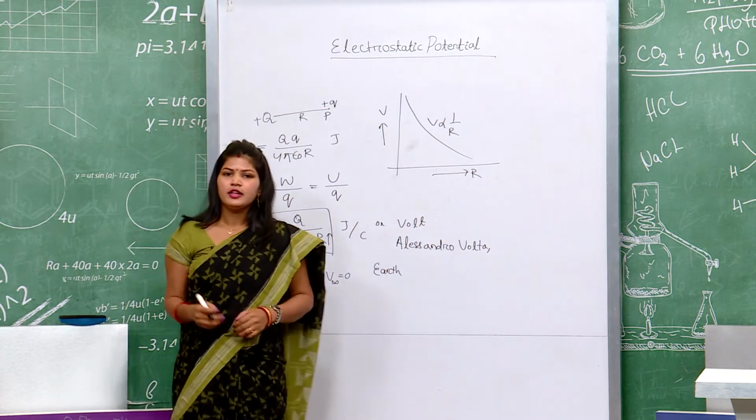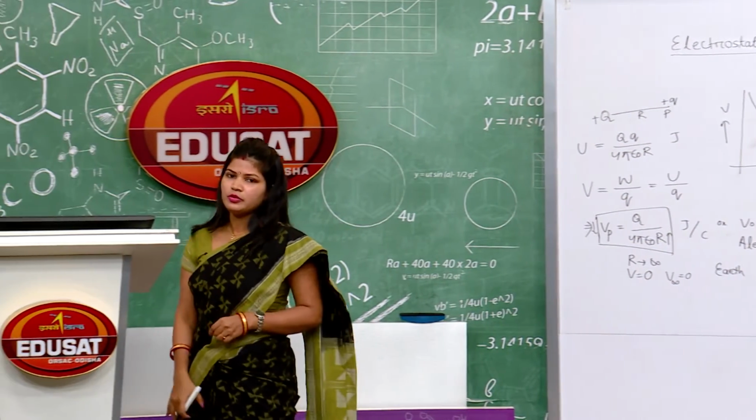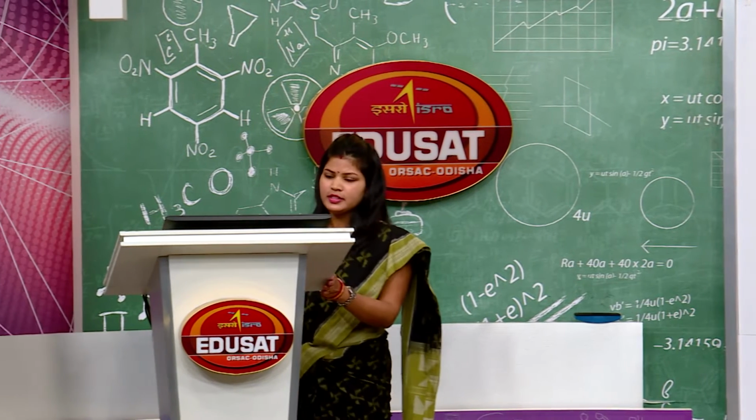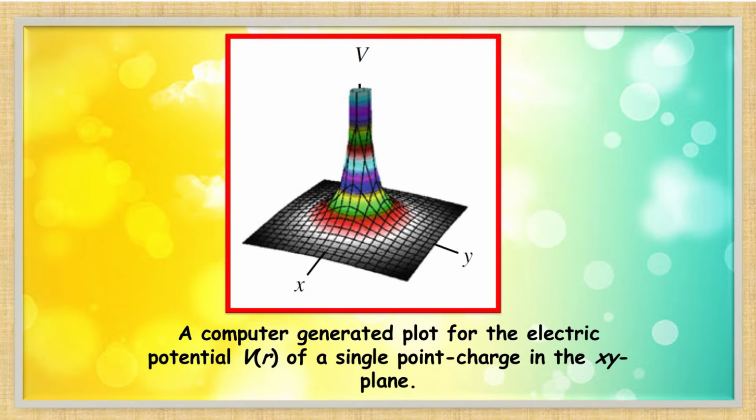Now, let us see a computer generated figure of potential for a single charge. See, this figure shows a computer generated plot for the electric potential V(r) of a single point charge in the xy plane. The magnitude of potential increases as r tends to 0 and is plotted vertically. Okay.